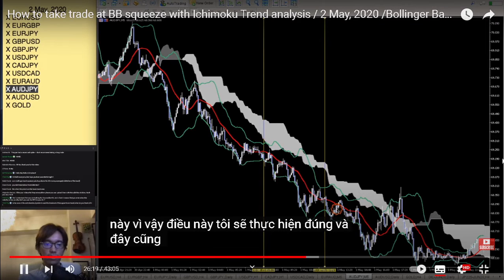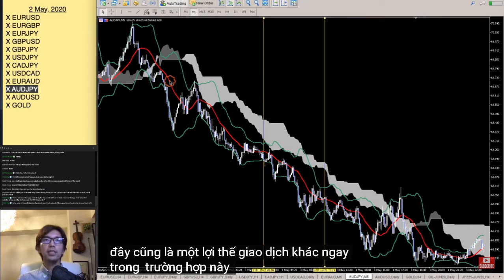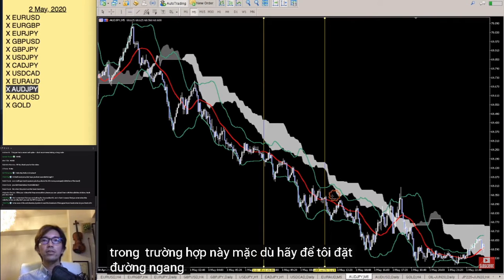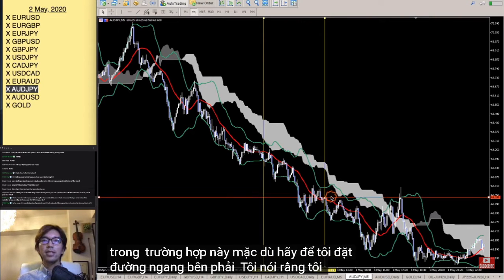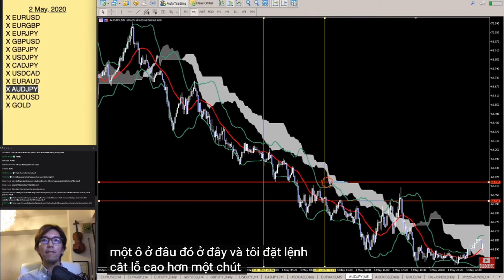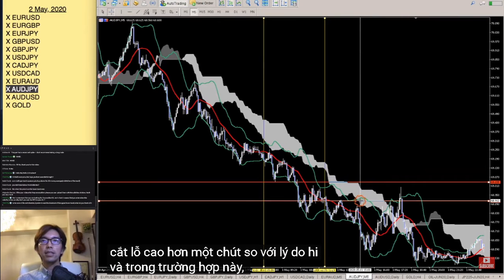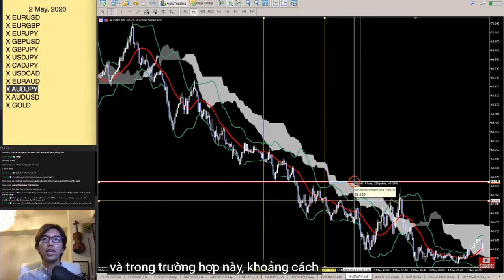And also, this is another trading edge, right? In this case, hold on, let me put the horizontal line. Let's say I place a sell somewhere here, and I place a stop loss slightly above the recent high, and in this case, the distance in between is going to be only, again, like 13 pips of stop loss, right?